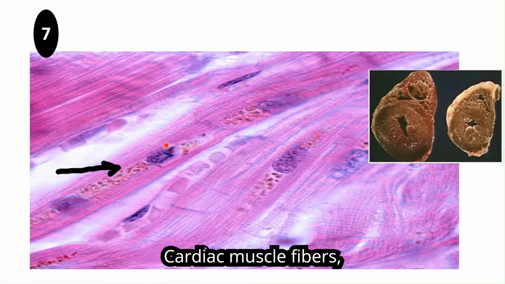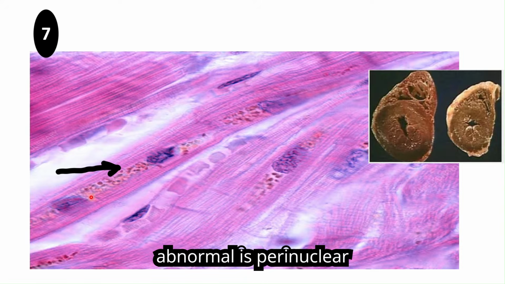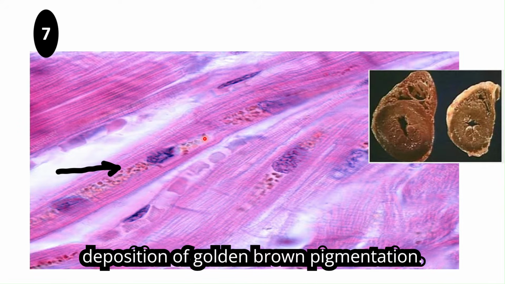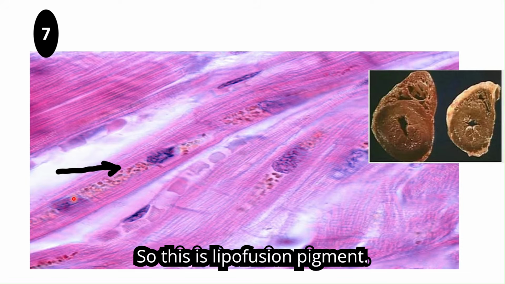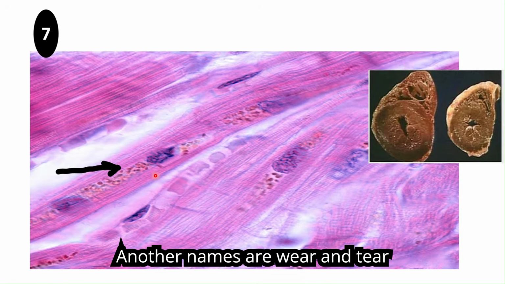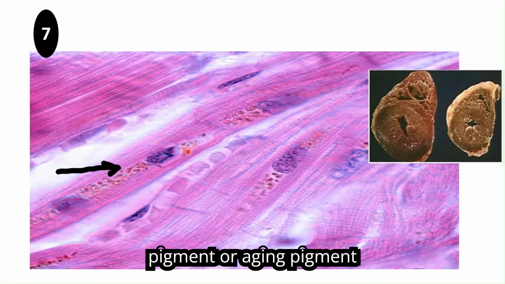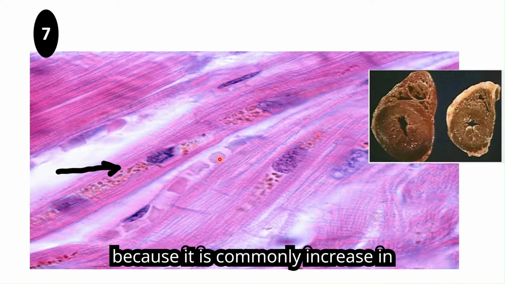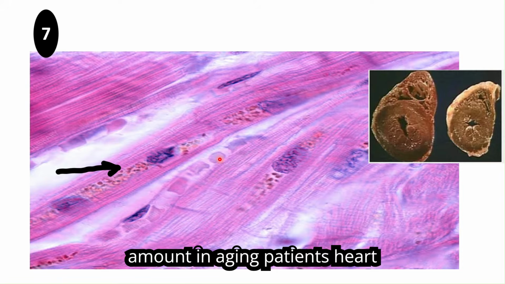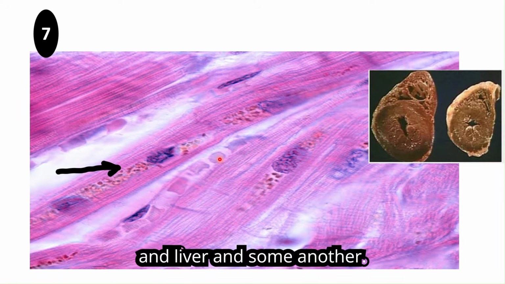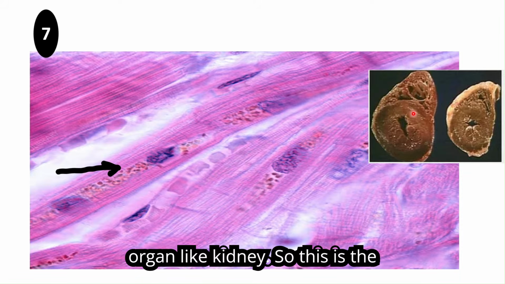Cardiac muscle fibers, striation, nucleus, and abnormal is the perinuclear deposition of golden brown pigmentation. So this is lipofuscin pigment. Other names are wear and tear pigment or aging pigment, because it is commonly increased in amount in the heart and liver of aging patients and some other organs like kidney.